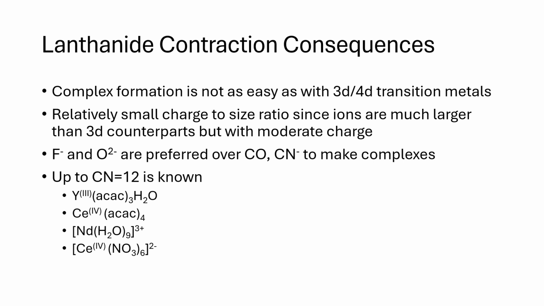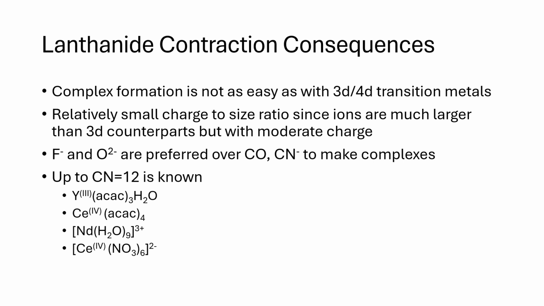Of course, the coordination chemistry is not so restricted that we don't have examples of things outside the norm. In these cases, we see that we have a number of coordination numbers available. In fact, all of them are available up to coordination number 12. So, for example, yttrium, when bonded to acetylacetonate, which is a ligand that bonds through two of the oxygens, and with water, forms a stable complex with a coordination number of 7.